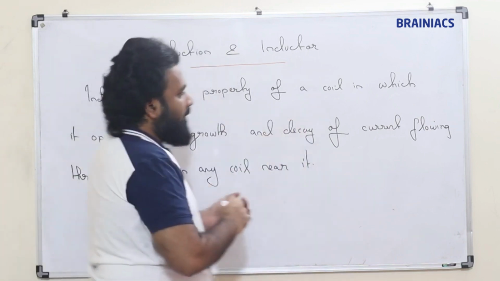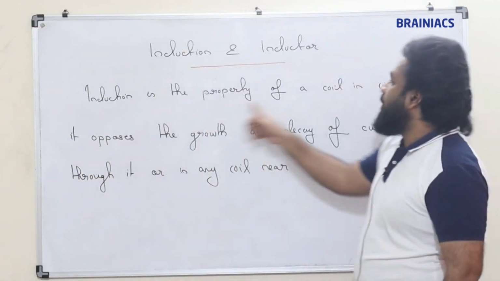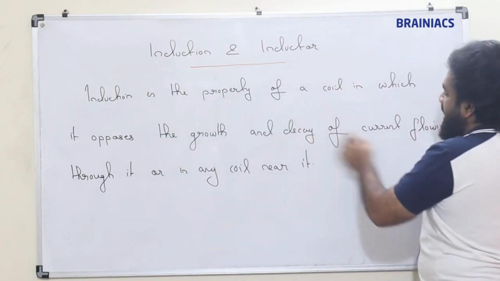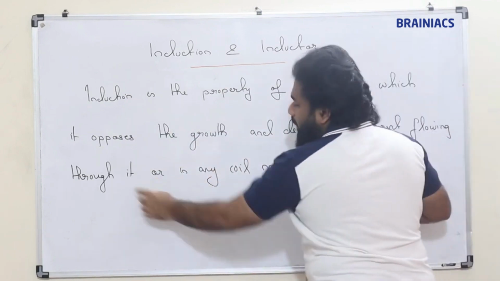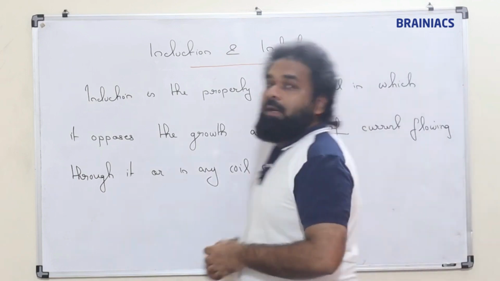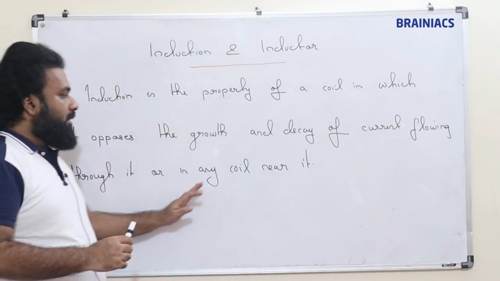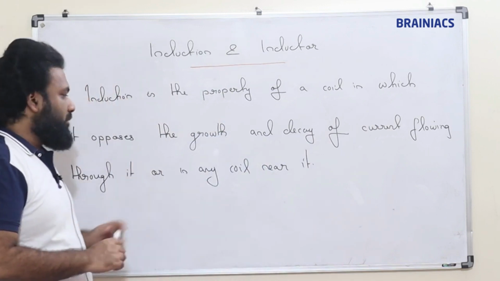Okay, so induction is the property of a coil in which it opposes the growth and decay of current flowing through it or in any coil near it. Take down this definition, we will discuss this.